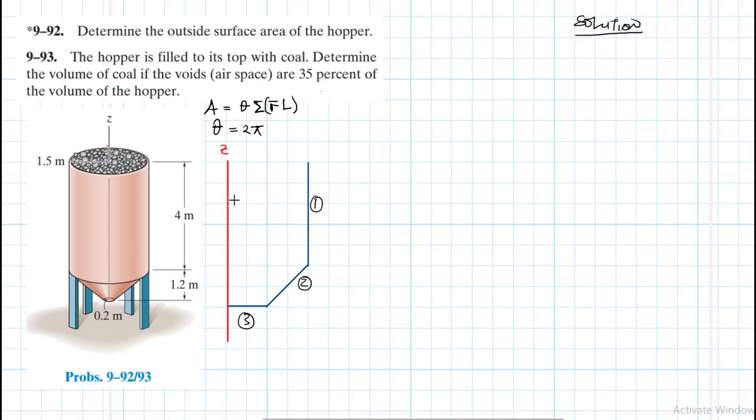For line number 1, we already know r bar 1 is going to be equal to what? We've been told the radius of this cylinder is 1.5, and therefore its centroid position for part number 1 is just 1.5 meters.